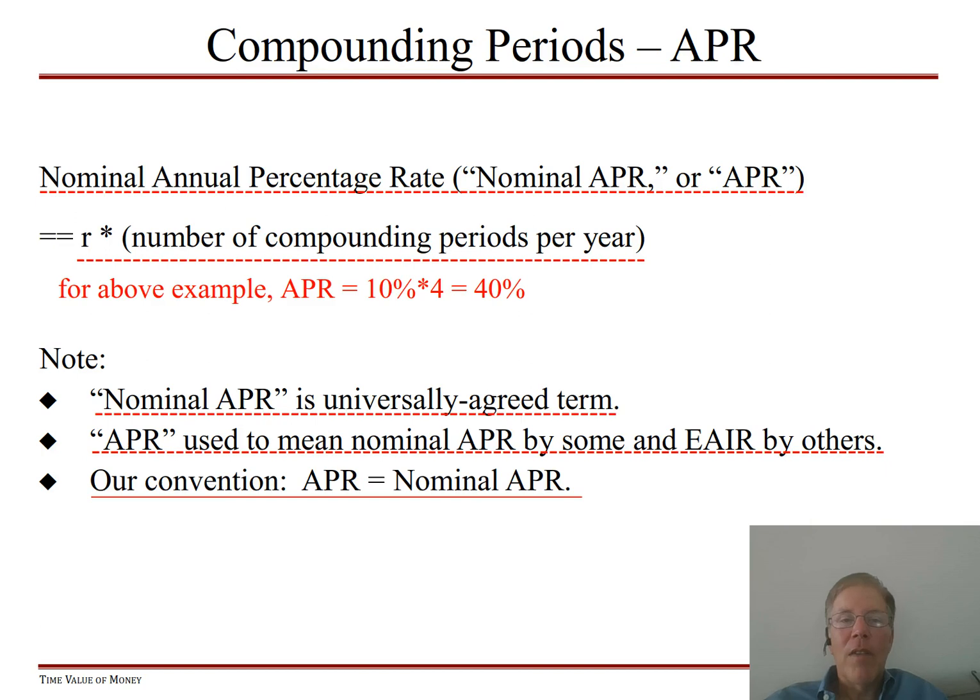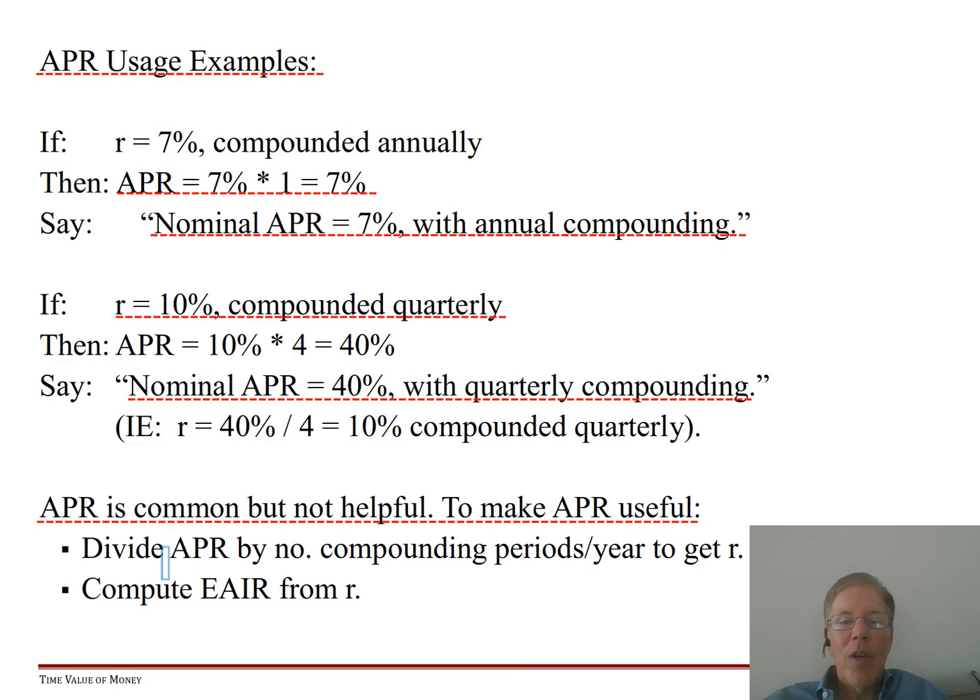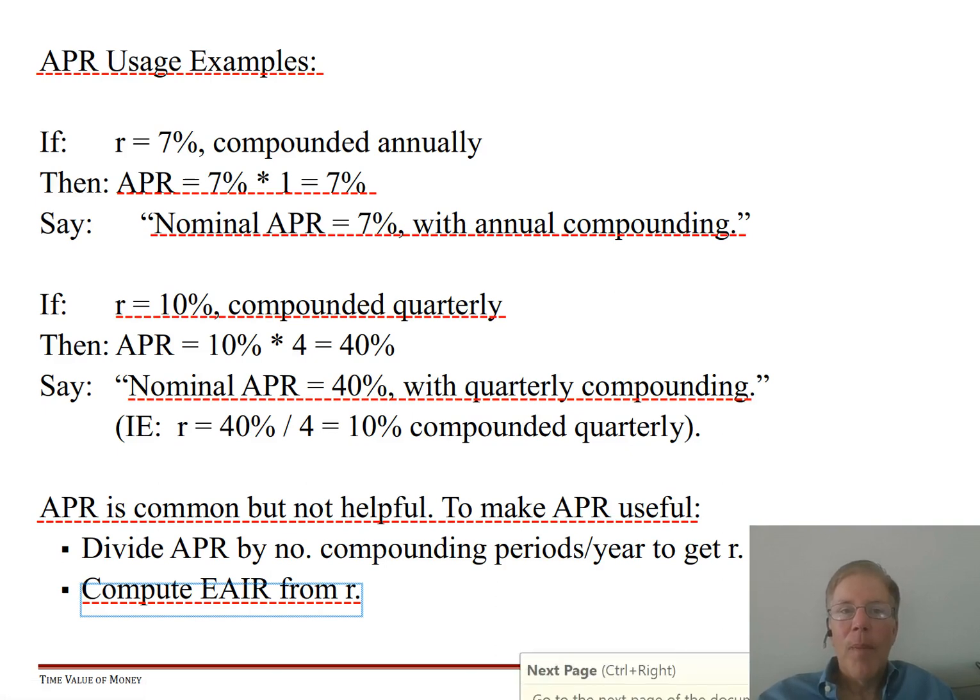If we're given the nominal APR and the number of compounding periods per year, we could solve for R. Once we have R, we want to compute the annual equivalent interest rate. So we can always get to something useful from APR, but APR itself is not very useful, okay?